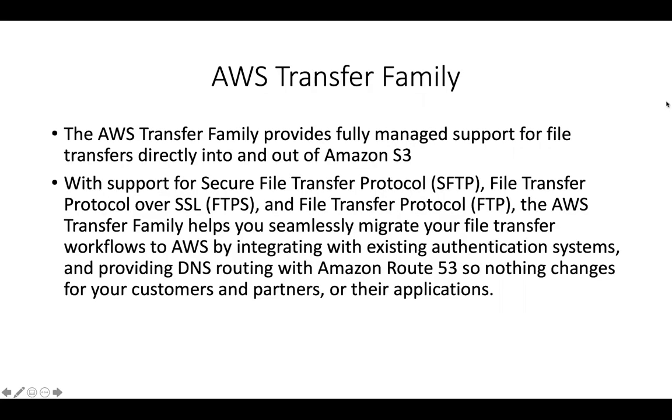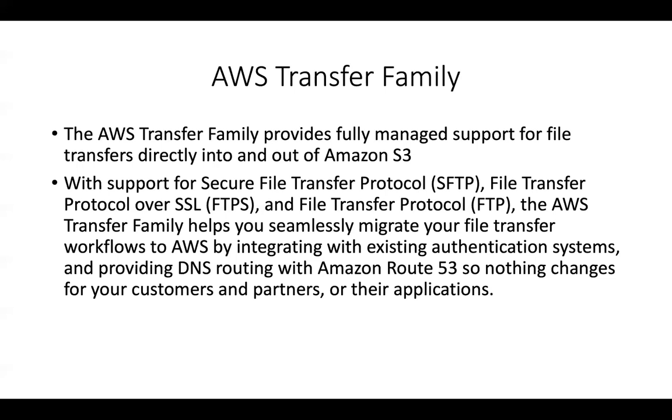AWS Transfer Family, previously called SFTP and now called Transfer Family, provides fully managed support for file transfers directly into and out of S3, right? With support over the SFTP, FTPS, or FTP protocol, AWS Transfer Family helps you seamlessly migrate all of your file transfer workloads to AWS by integrating with any existing authentication system.